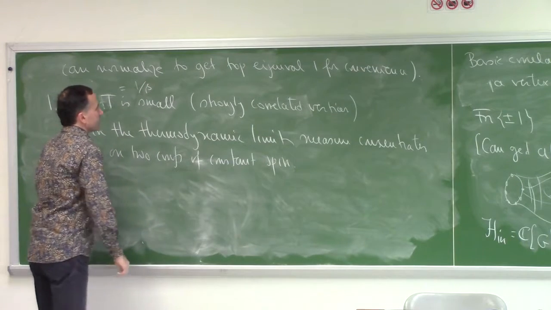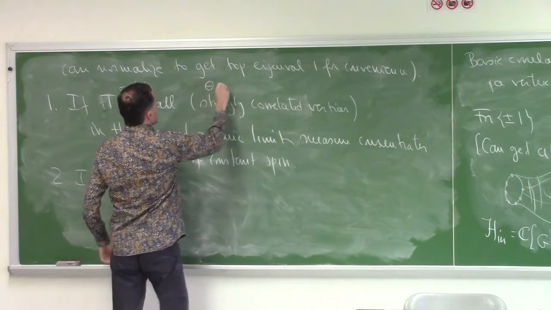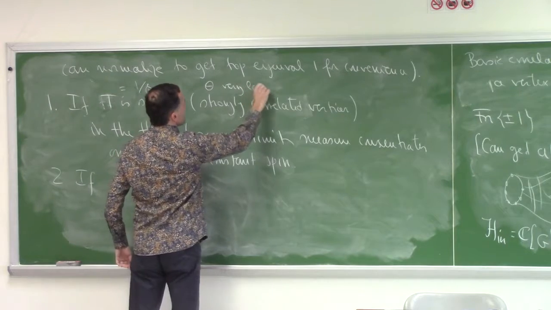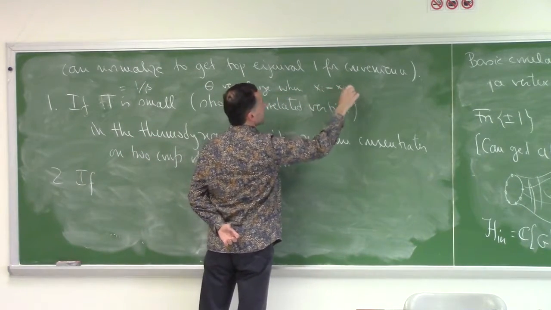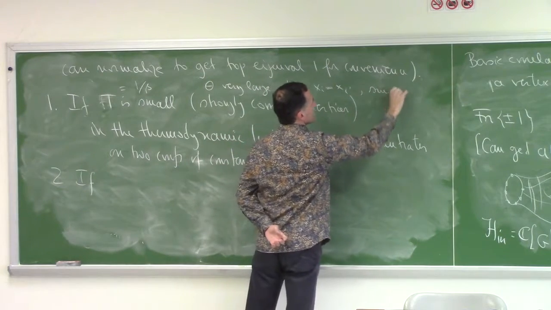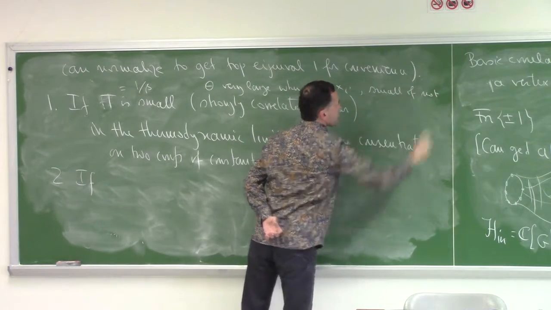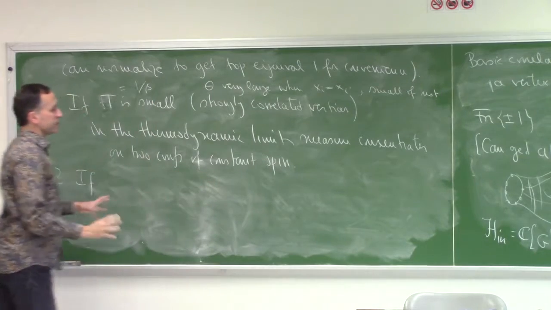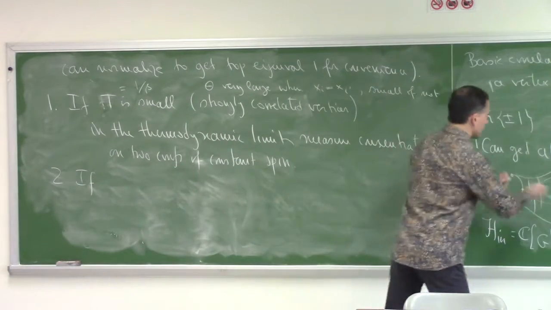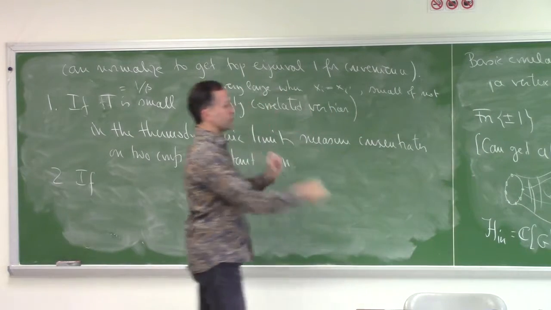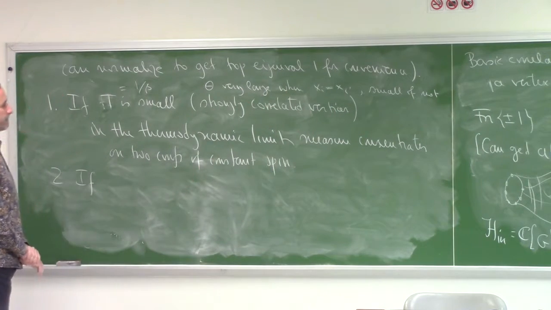And that means that theta is very large when xi is xi prime, and small if not. So very high weight for an aligned configuration, very low weight on mismatch, and high energetic cost to making spins mismatch.